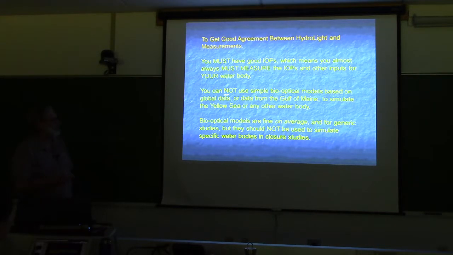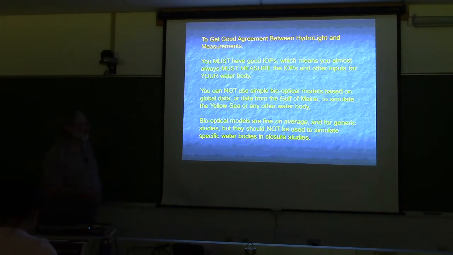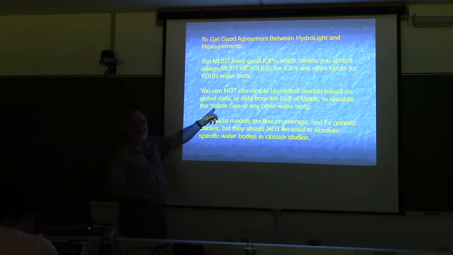And you can't just use a bio-optical model based on global data and apply it to the Gulf of Maine, or if you have a bio-optical model that Colleen put together from the Gulf of Maine from 1,000 measurements on her mooring, it then may work great for the Gulf of Maine, and it'll be totally worthless for the Yellow Sea. And there's a reason the Gulf of Maine is not yellow and the Yellow Sea is.